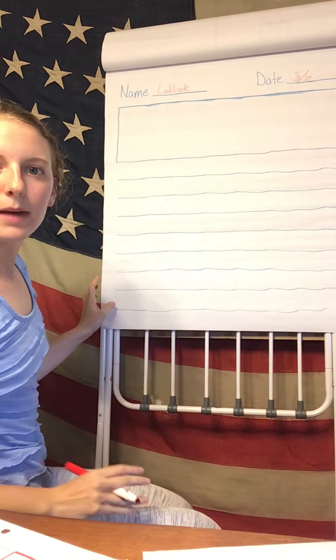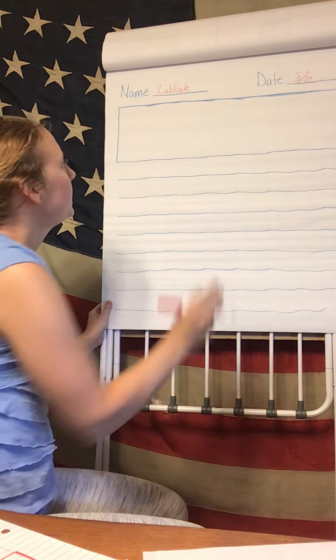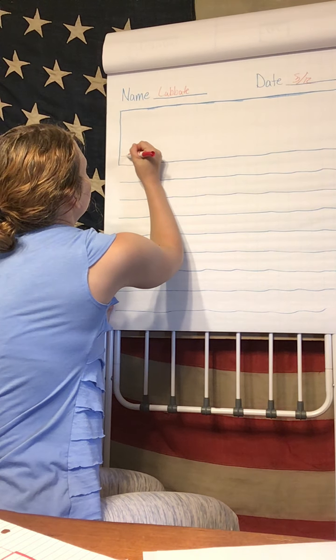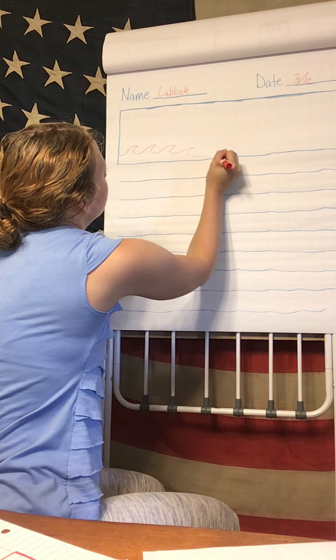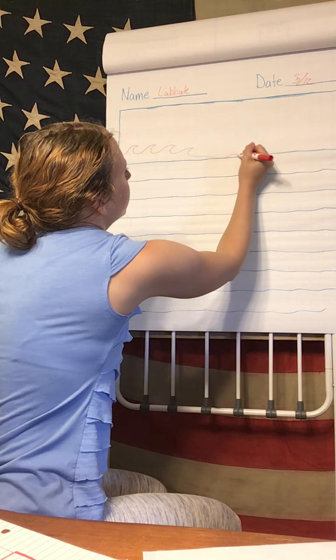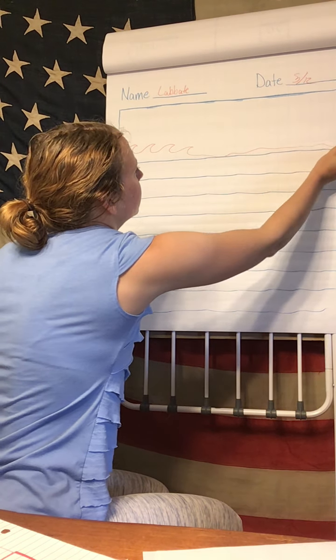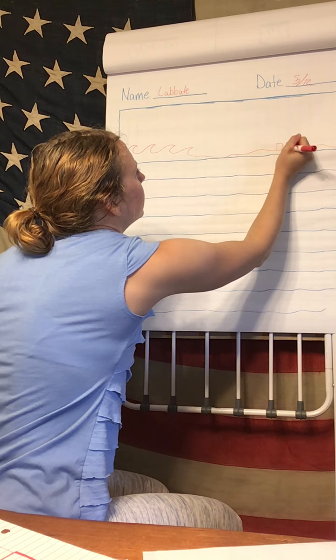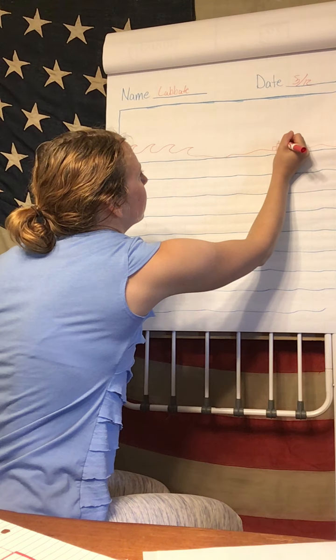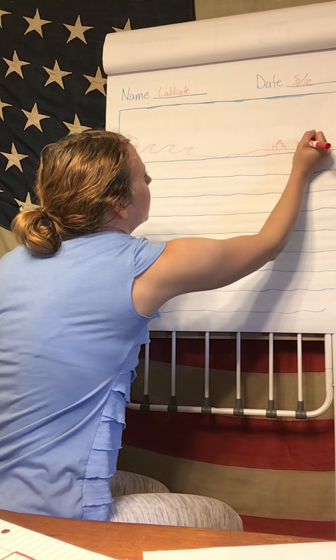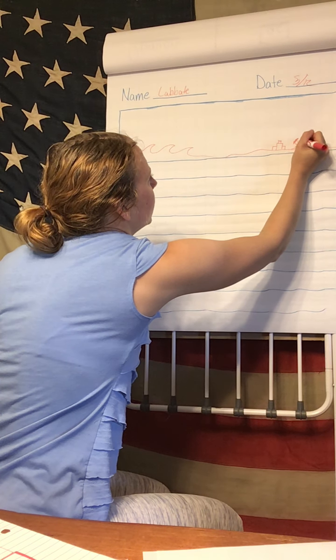All right, now my drawing. Now I'm writing about the beach. So I want to include my waves. This is my little beach area. Draw a little sand castle. And then I'll draw me at the beach.